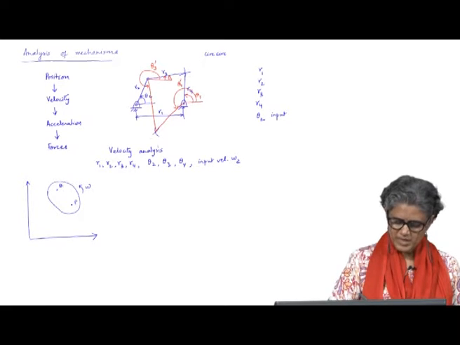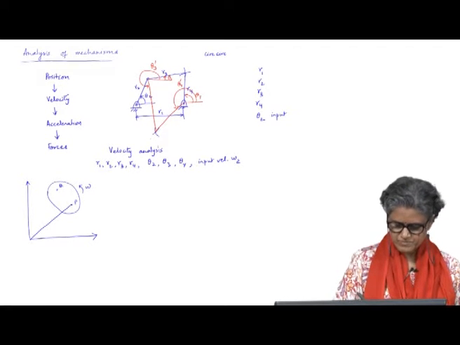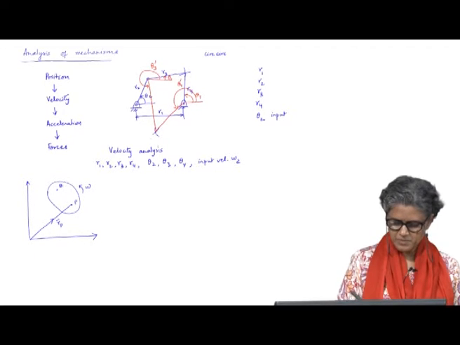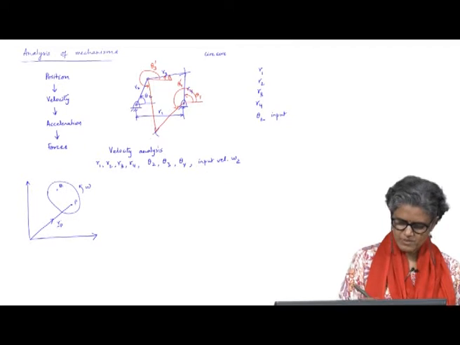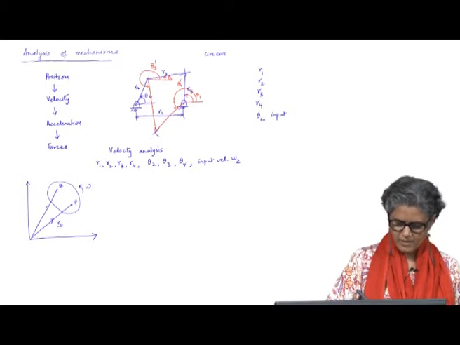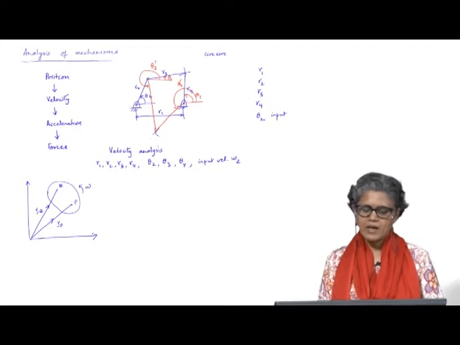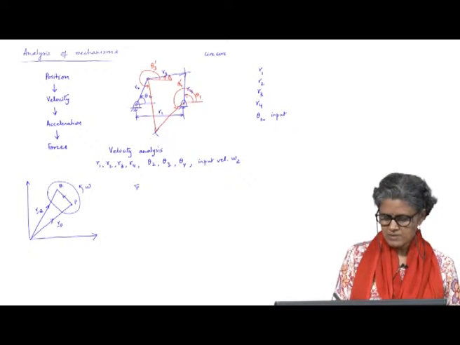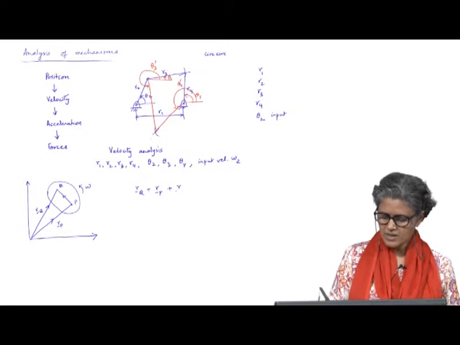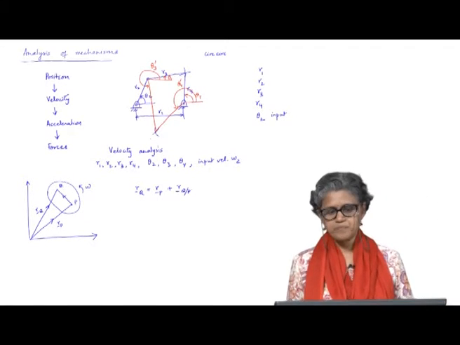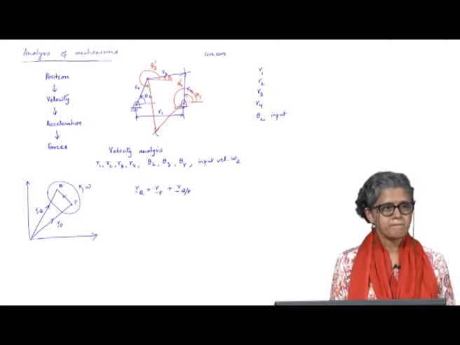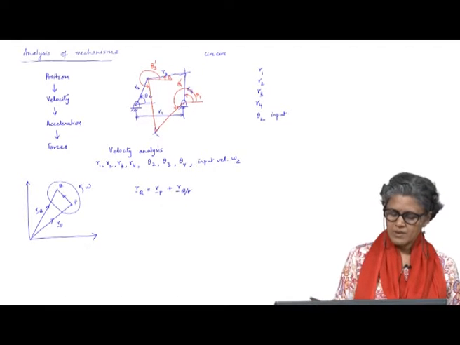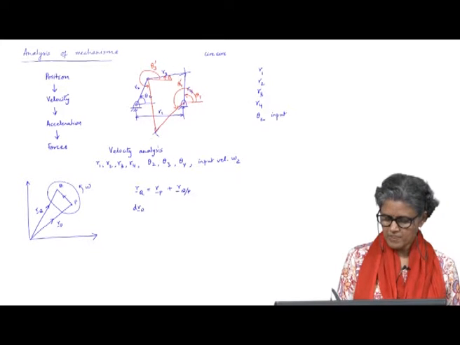Say this is Rp, and say this is Rq, I can write Rq as Rp plus R of Q relative to P. Now, I differentiate this with respect to time.